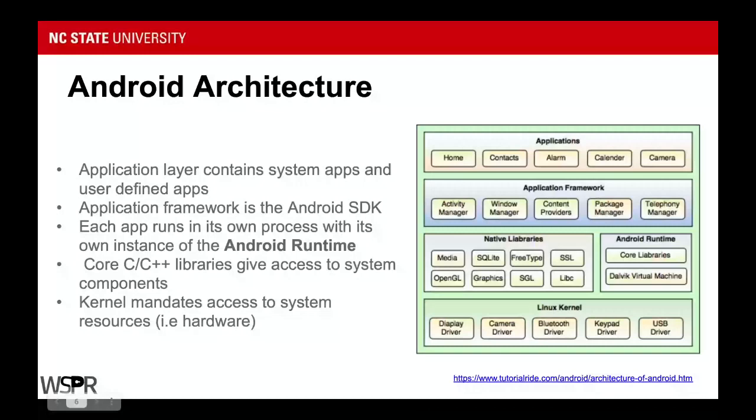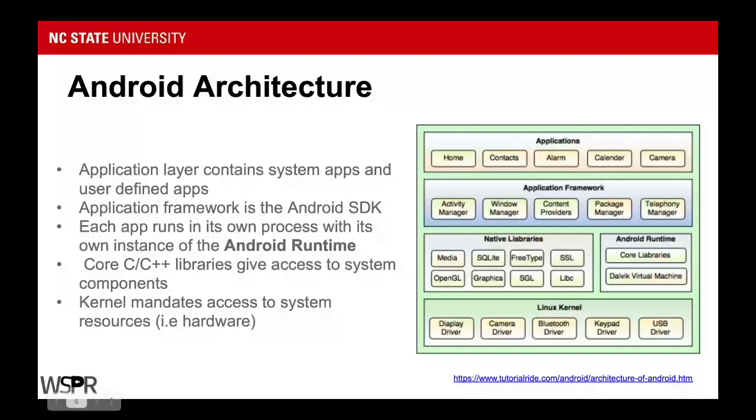The application layer consists of system apps and other user-defined apps. So there are some apps that come with the pre-installed phone, like the dialer app or the built-in camera app. So those are system apps. We can also install our own apps from App Store or from an APK file. Those are user-defined apps. So they constitute the application layer. Below that, we have the Android application framework.